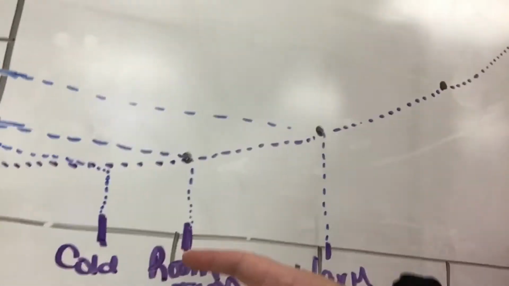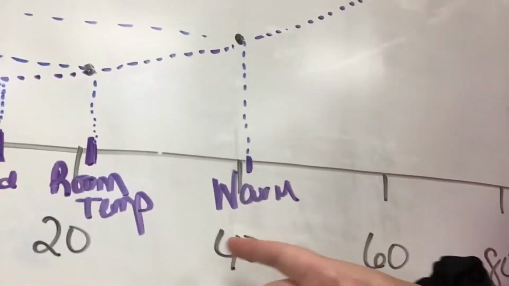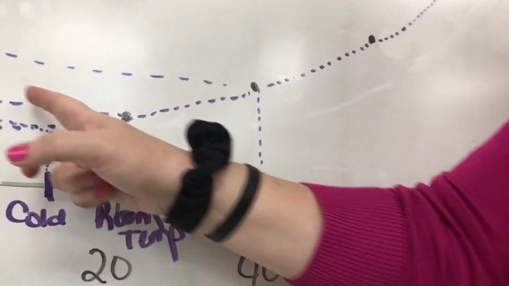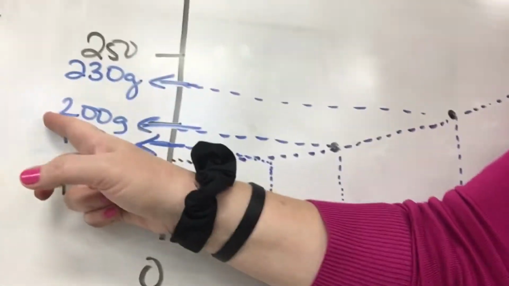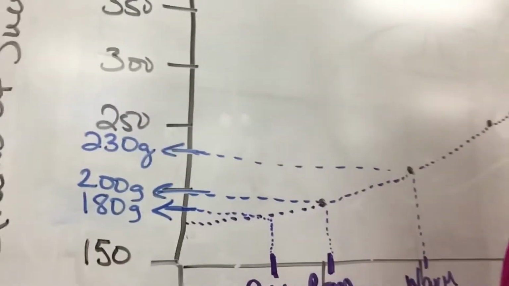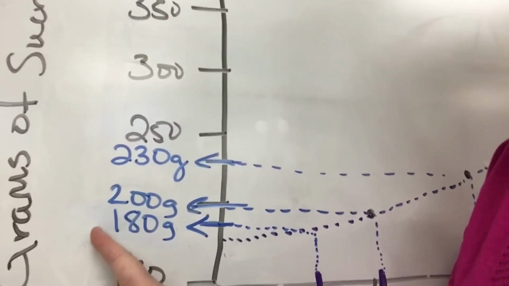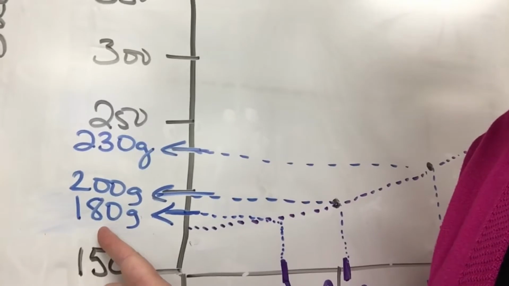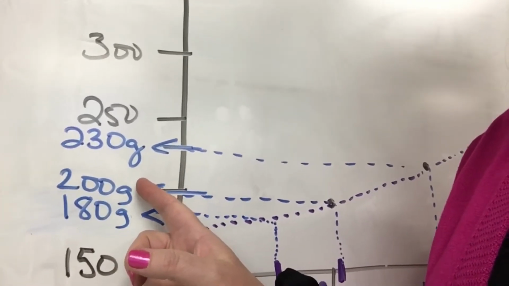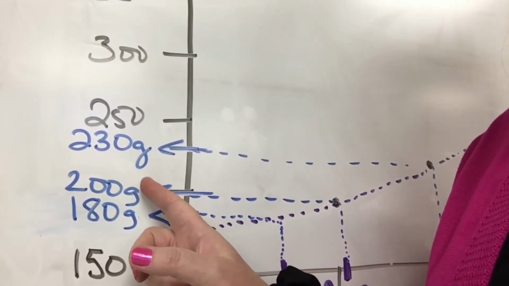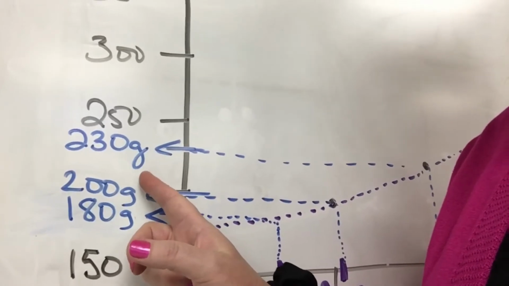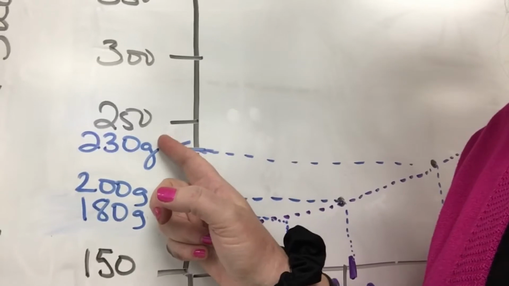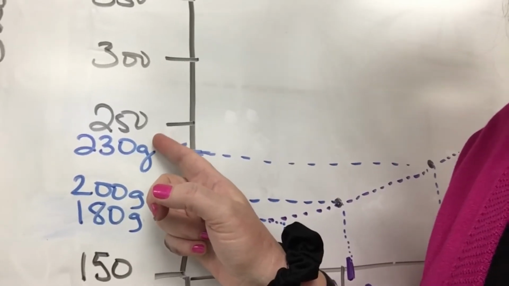I repeated that process for the room temperature and the warm water. So interpolate up, hit your curve, and then do a straight dash line over. What I found was that for my cold water, I'm going to need about 180 grams of sugar to saturate it. For my room temperature water, about 200 grams. And for my warm water, about 230 grams.